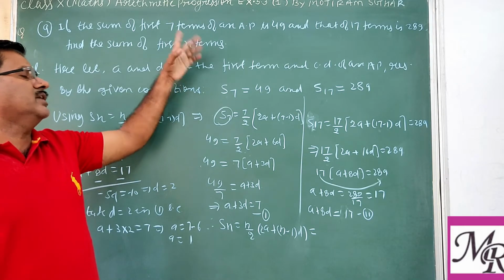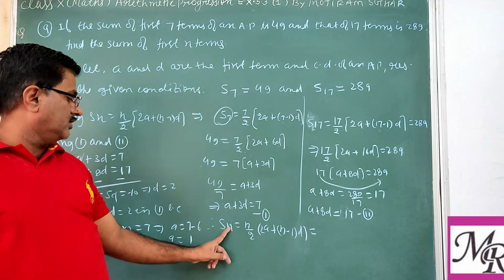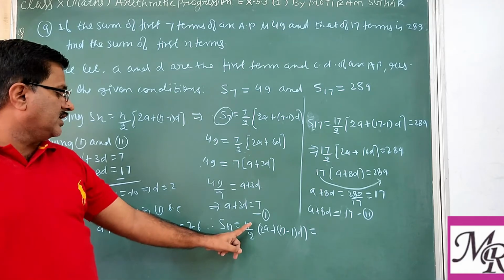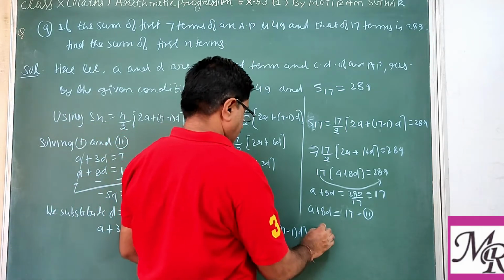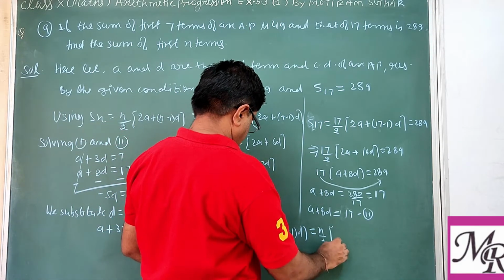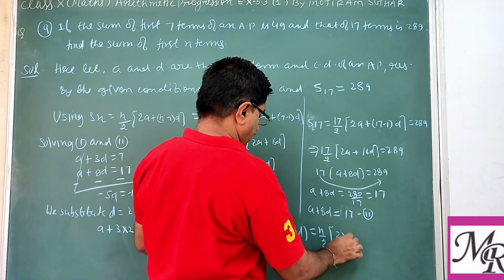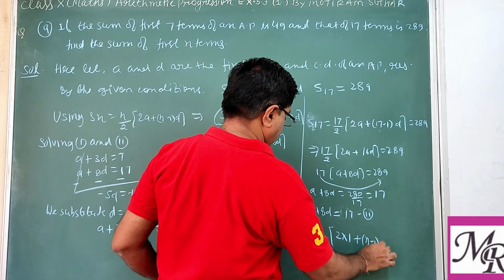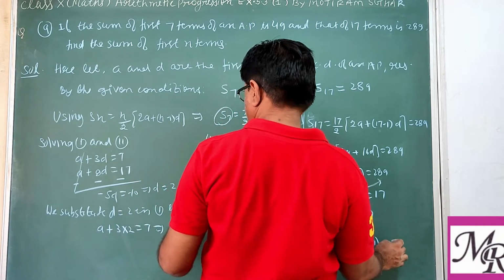So n remains n. Clear? There is no change in n. All three n's will remain n. So Sn equal to n by 2 again into 2 into a. a is 1. Only we have to substitute the values of a and d, and d is 2.